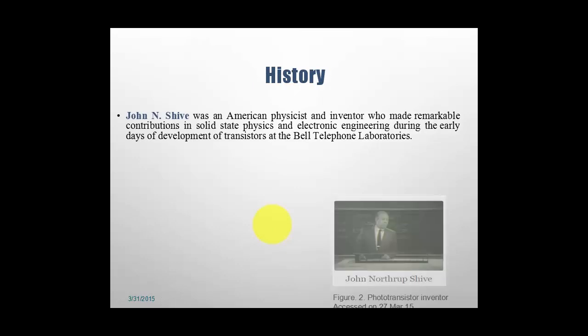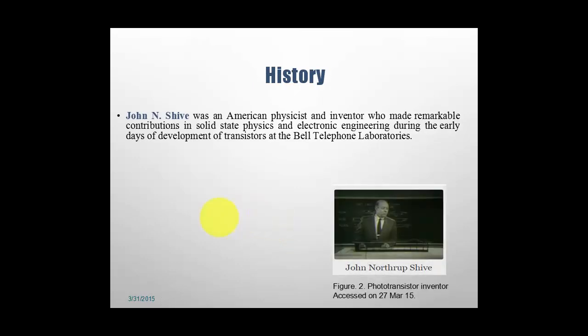History of the photodetector. John N. Shive was an American physicist and inventor who made a remarkable contribution in solid state physics and electronics engineering during the early days of transistor development at Bell Telephone Laboratories.